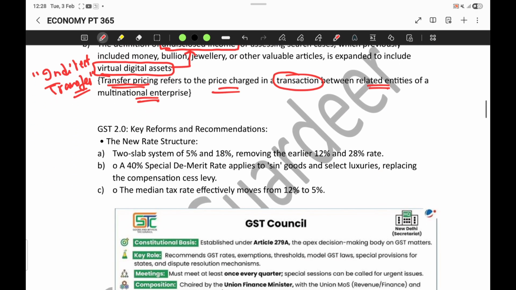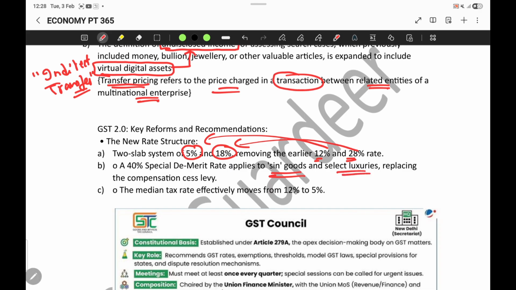Next, GST 2.0. What are the key reforms and recommendations? There was a two-slab system, one is 5% and the other 18%. We know this, so everyone was very happy. From 12% it has come to 5%, and 28% to 18%. Cars are now cheaper, things are getting cheaper. A 40% special demerit rate applies to sin goods, which provide negative externalities to the environment.